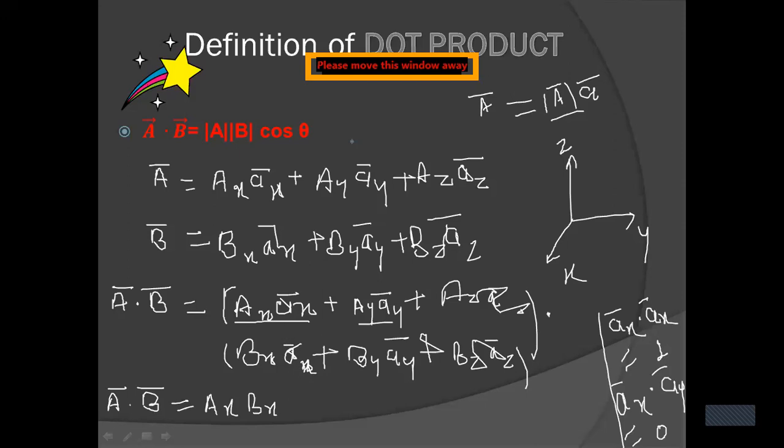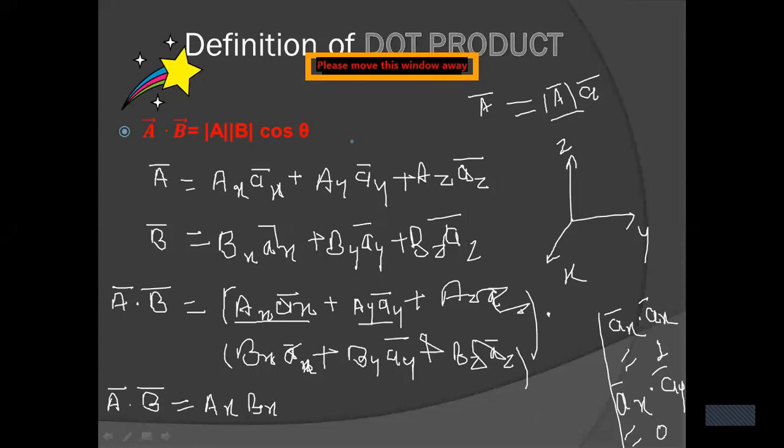So here I'm multiplying from this first ax a bar x to this whole bracket. If I multiply ax a bar x to this bx a bar x, its multiplication will be ax bx into, again I have to multiply these two unit vectors, a bar x and a bar x, and their dot product is equal to 1.